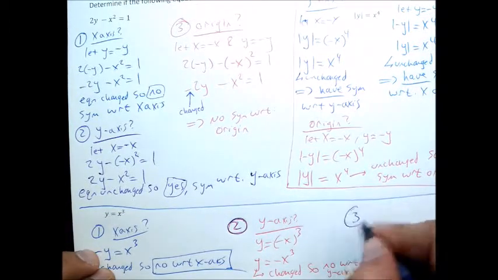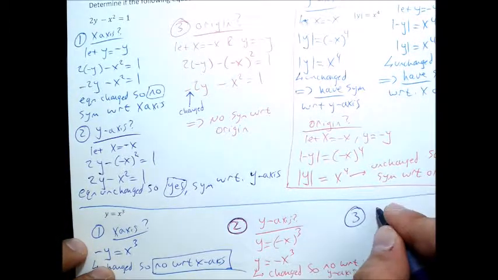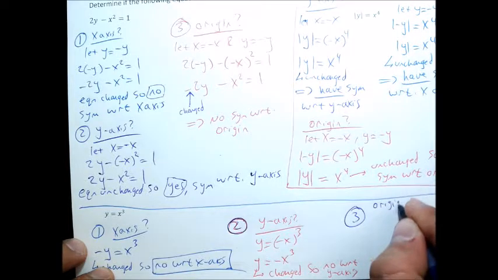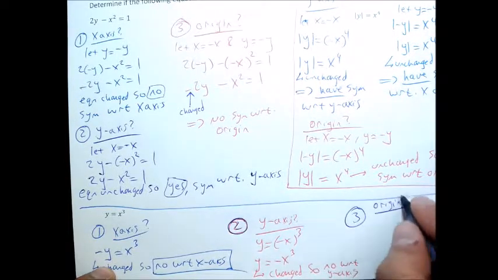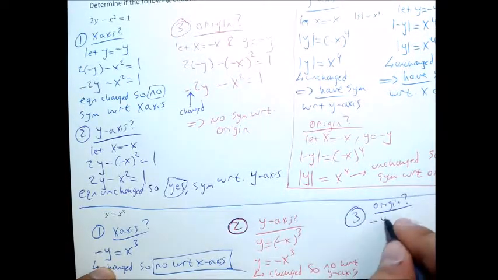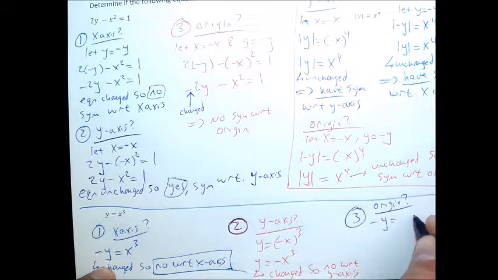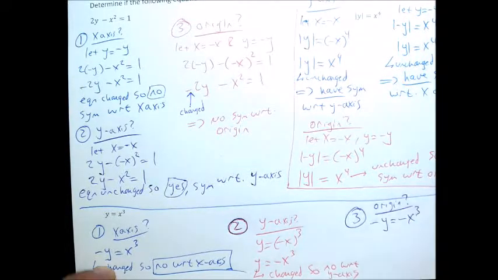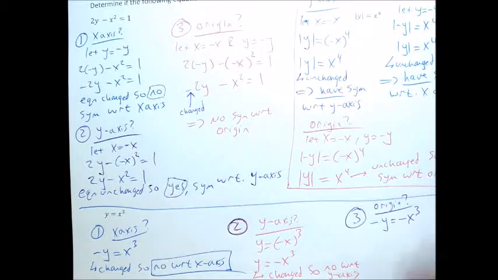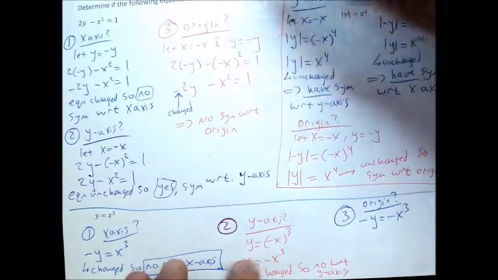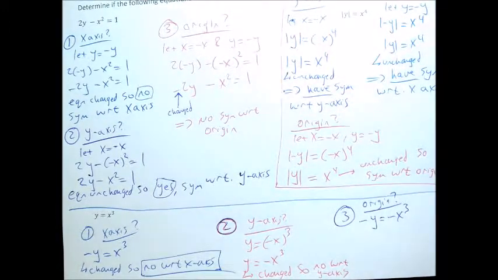And the origin is a little bit tricky. This is the one that you want to be a little careful about. So for the origin, we do both. So we end up with minus y equals minus x cubed. And I know that looks like it changed because now they both have negative signs. But if we multiply both sides of the equation by the same number, right? If we multiply both sides of y equals x cubed by any number, it stays the same.